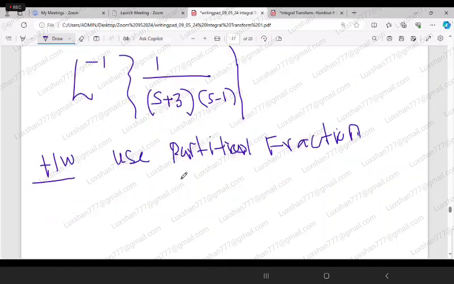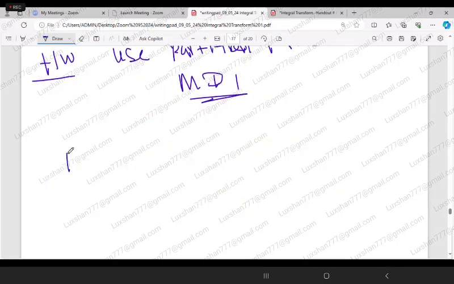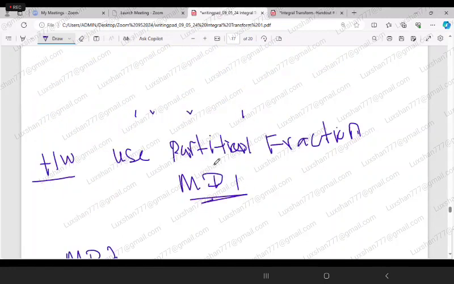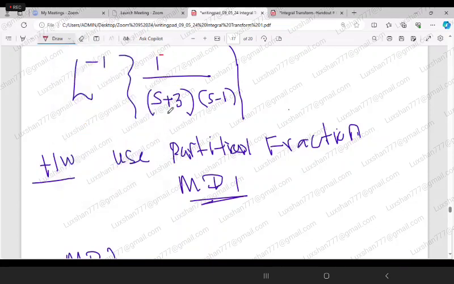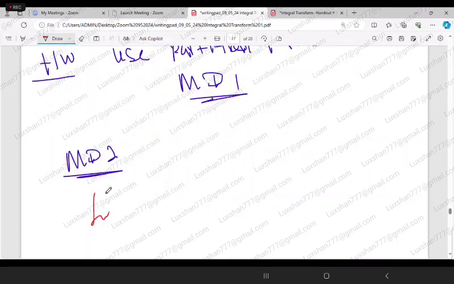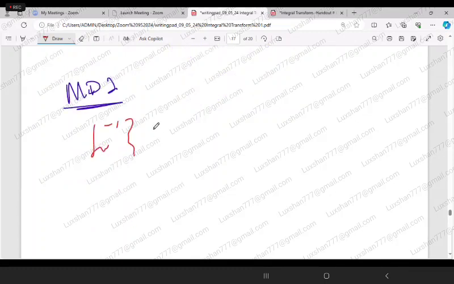Now this is method 1. Now we'll do method 2, that is using the convolution. So now I have the inverse Laplace transform of 1 over (s plus 3) into 1 over (s minus 1).